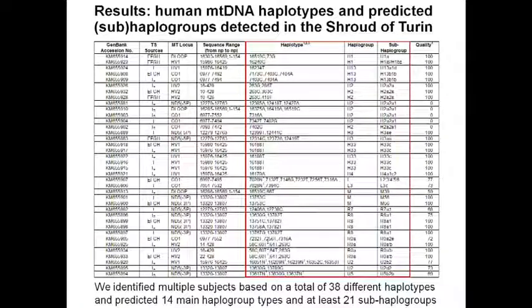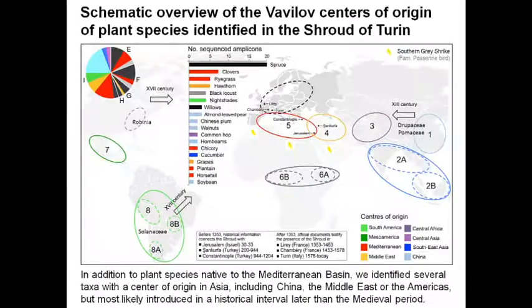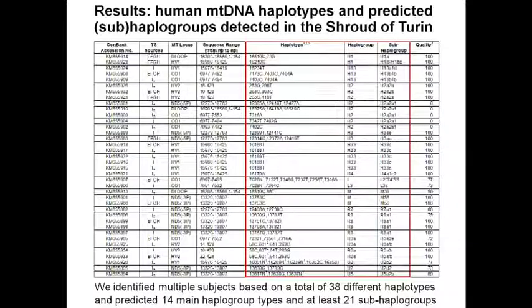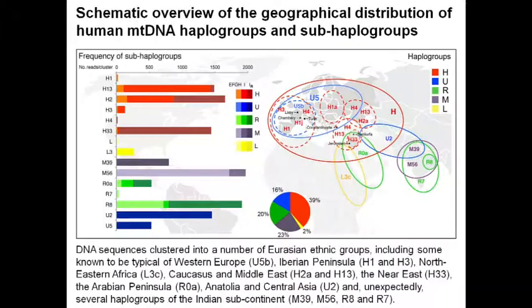What about human mitochondrial DNA haplotypes? We identified multiple subjects. A total of 38 different haplotypes, which allowed us to predict 14 main haplogroup types and at least 21 sub-haplogroups.